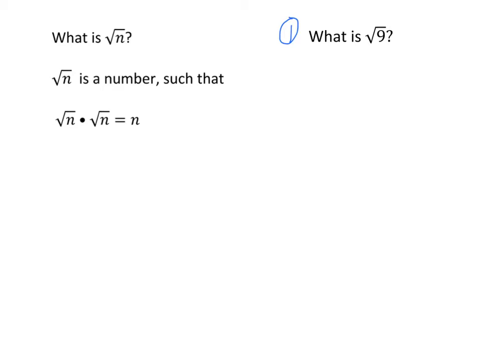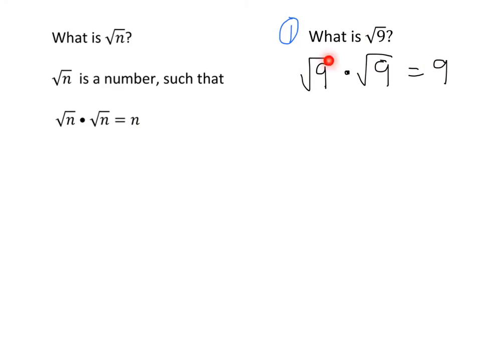Let's use an example to make this a little bit more concrete. Suppose I ask you, what's the square root of 9? Now I know you already know the answer, but I want us to think about this definition. According to this definition, whatever the square root of 9 is, if I multiply it times itself, I need to get 9.